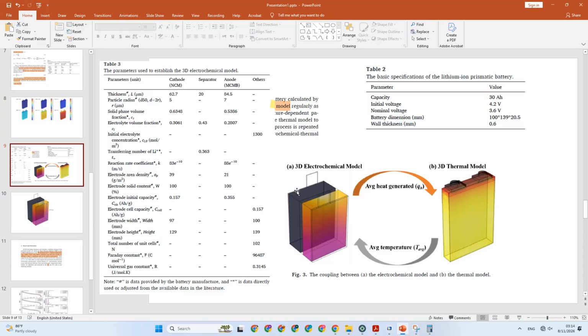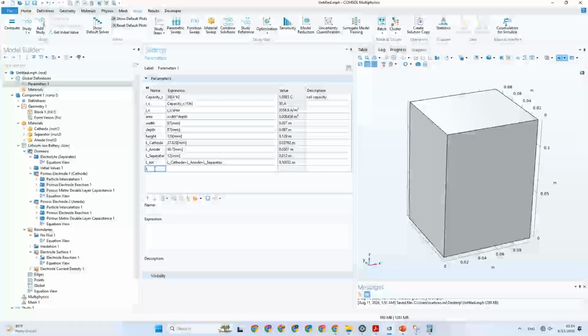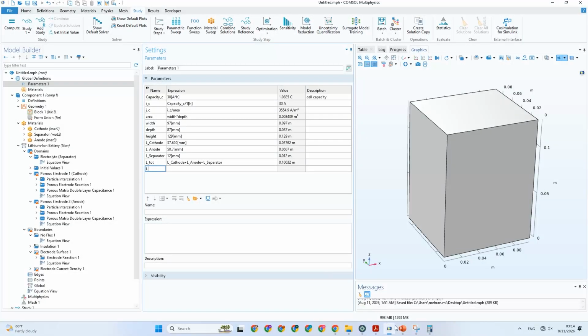If we choose 97 electrode high one, it is 10 millimeter. Maybe 2 millimeter, maybe. We can choose, for example, 2 or 3 millimeter. L, Cu and Al.